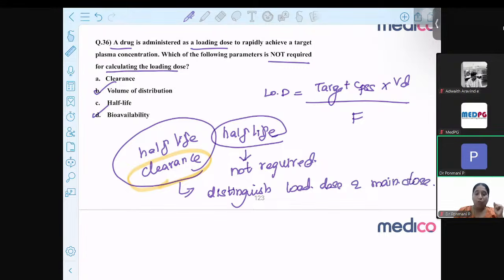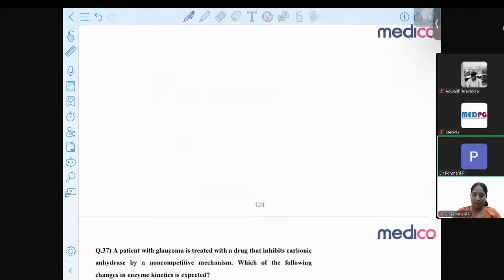So if I want to select one option, my option will be clearance. If I can select two, it can be half-life also. So this can have two options, clearance as well as half-life. If they are asking one option only, go for clearance alone.